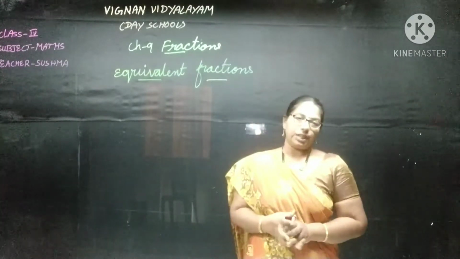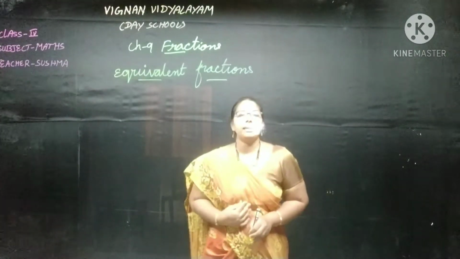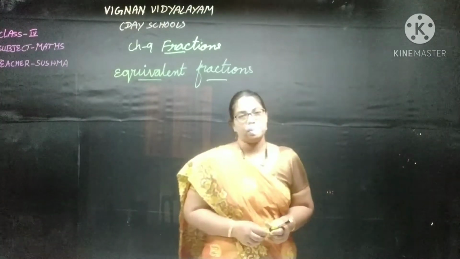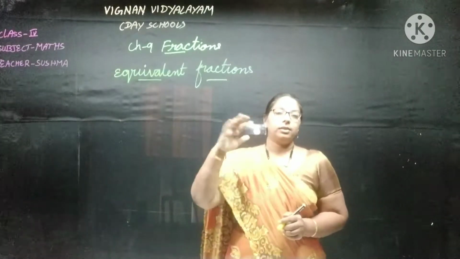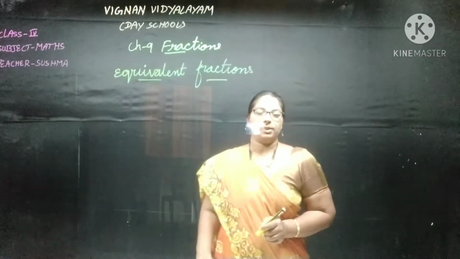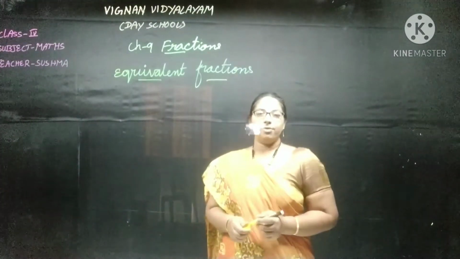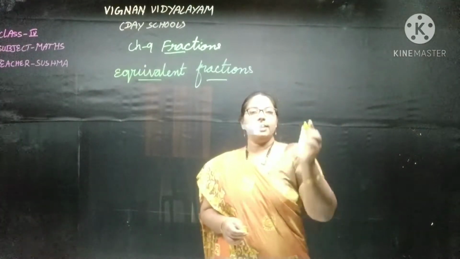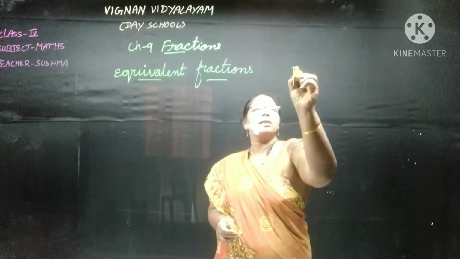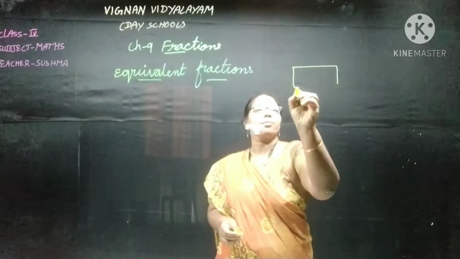What are equivalent fractions? Before seeing that, we will take a few examples. We will see one example and then talk about equivalent fractions. Your father is coming home from office, and he bought 2 chocolates.